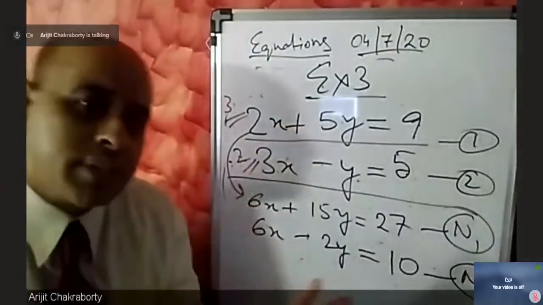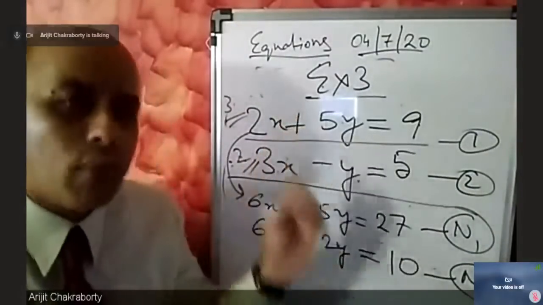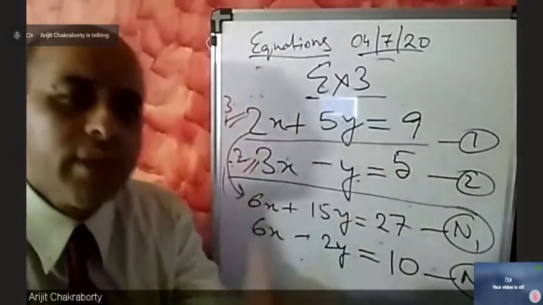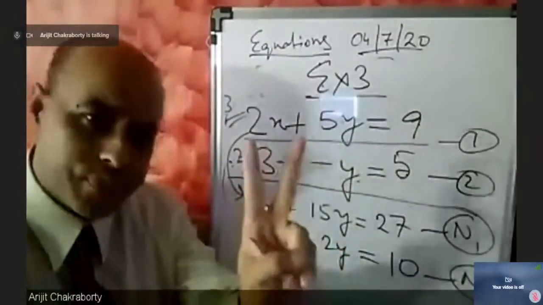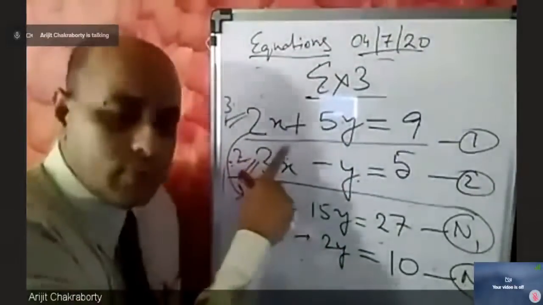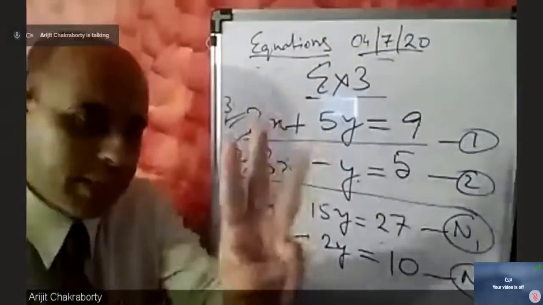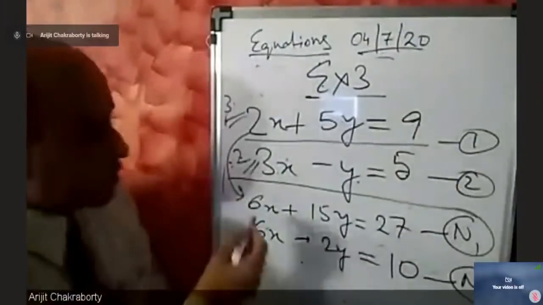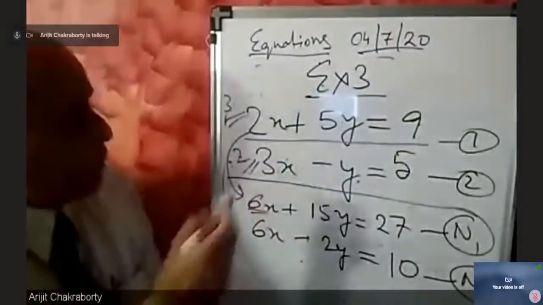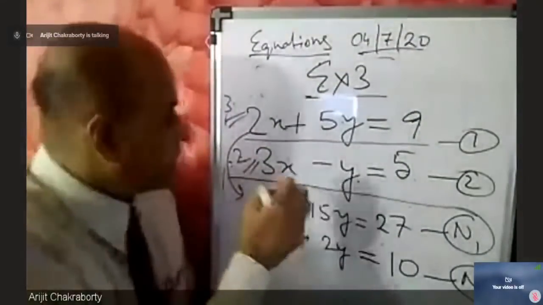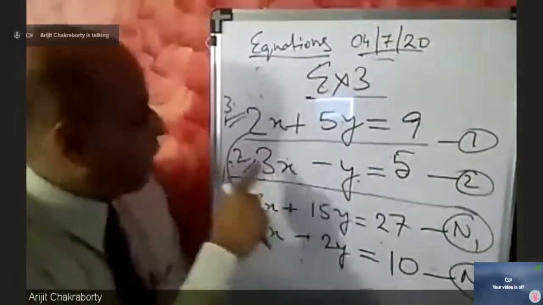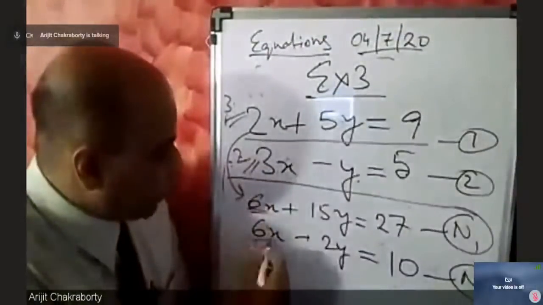We had a simultaneous equation involving x and y. So two equations are given, two unknowns are given. So we have multiplied equation 1 by 3 so that we can get this 6x. Similarly, we have multiplied equation number 2 by 2 so that again we get 6x.